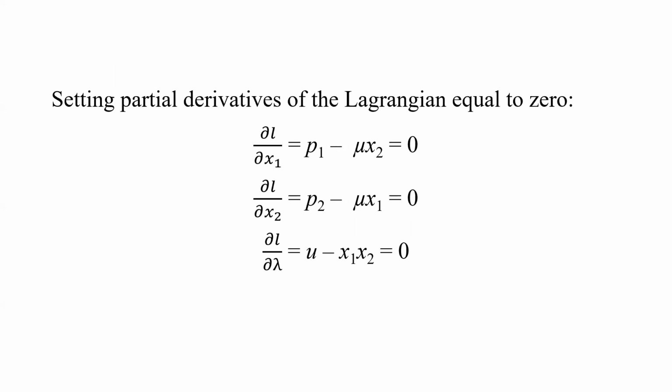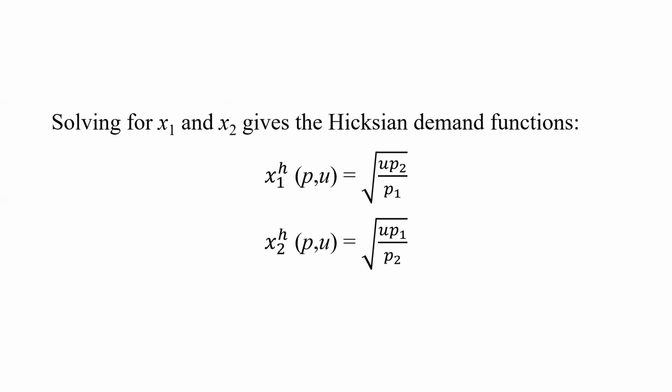With respect to x1, we get p1 - mu x2 = 0. With respect to x2, we get p2 - mu x1 = 0. With respect to mu, we get u - x1 x2 = 0.